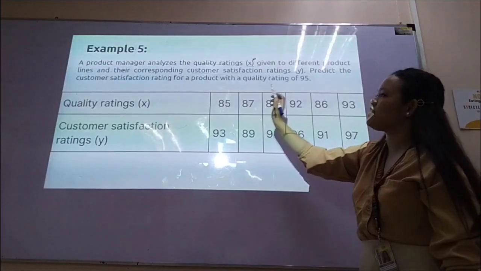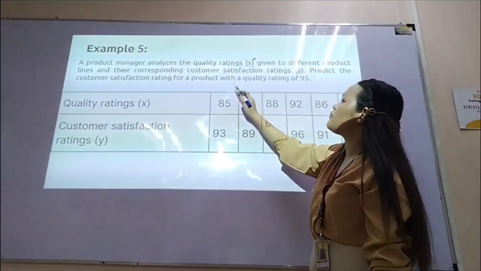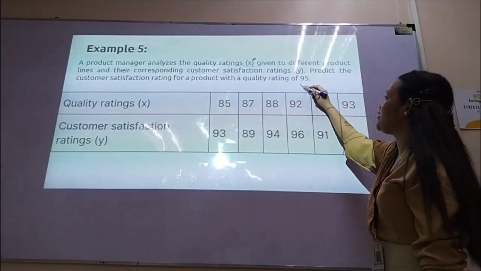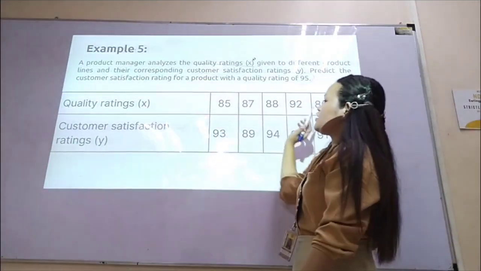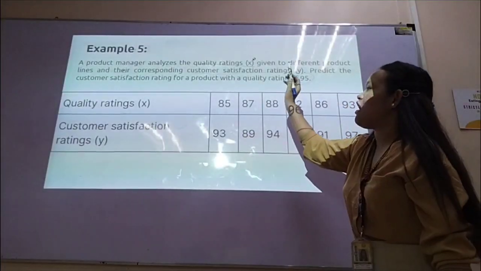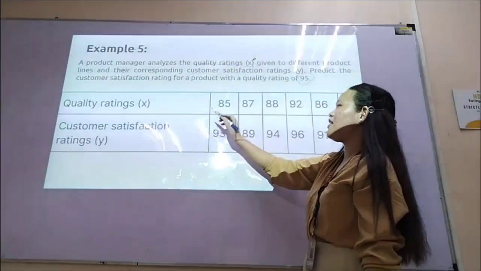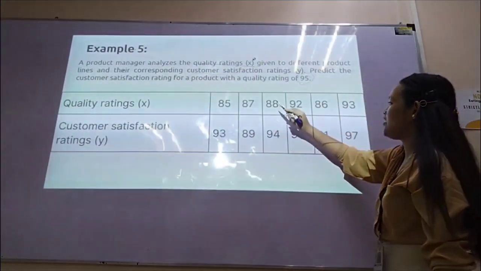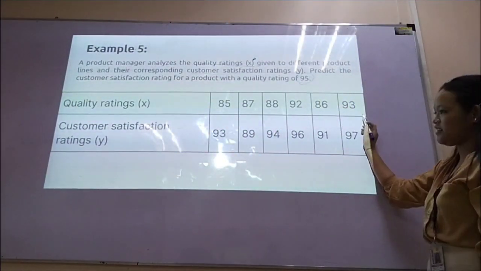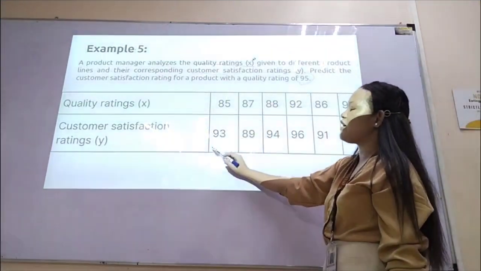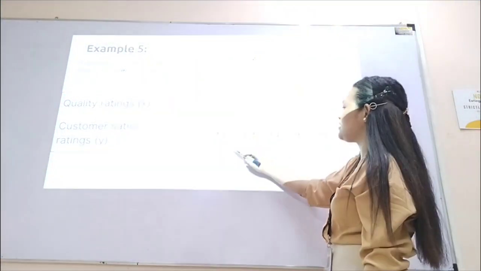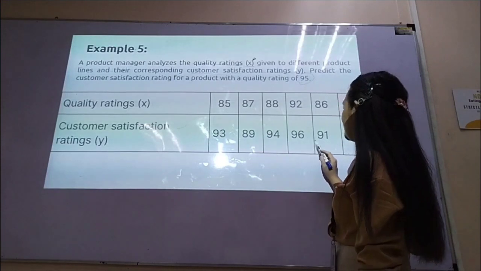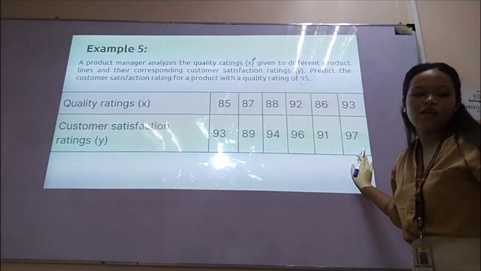Now we predict the customer satisfaction rating for a product with a quality rating of 95. So here are our figures. Our x variable, or the quality ratings, contains 85, 87, 88, 92, 86, and 93. And our customer satisfaction, or our y variable, is 93, 89, 94, 96, 91, and 97.